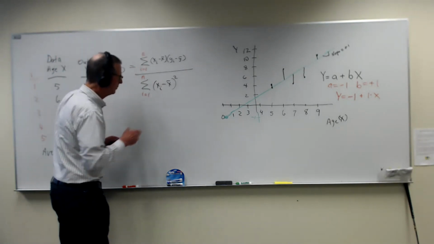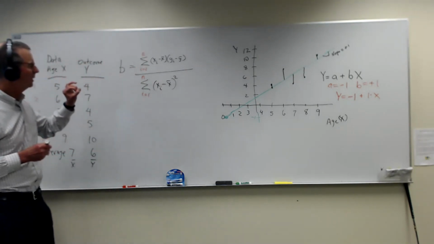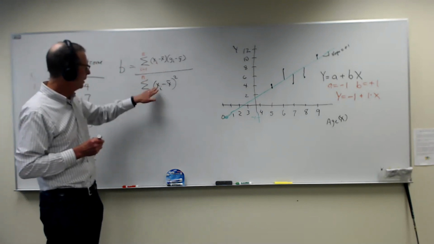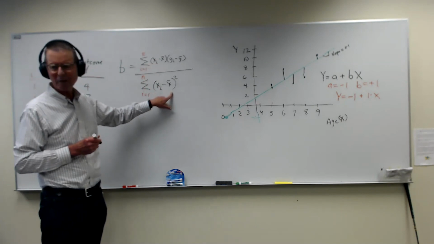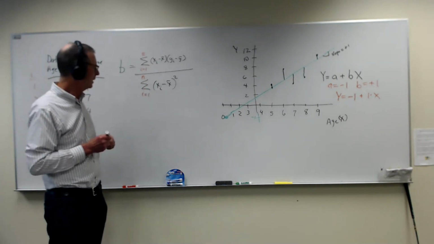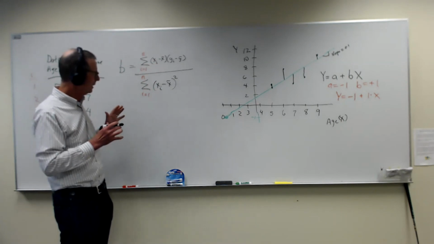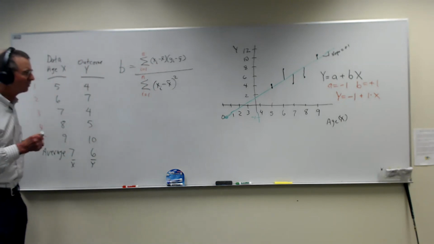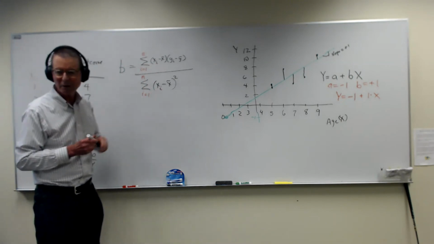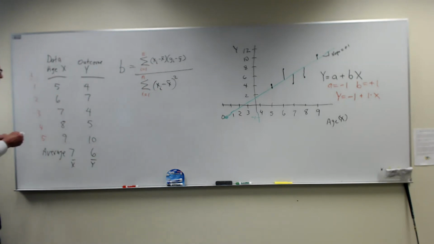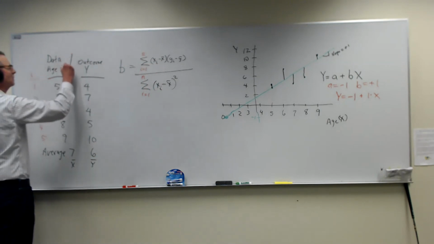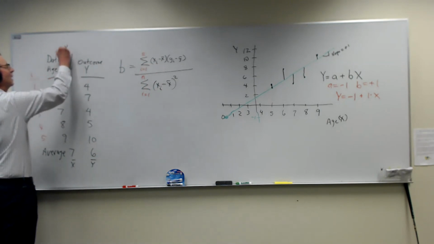First of all, to make things a little bit easier, all these x's are subtracted from mean x, so let's convert the x's so that they're all expressed as deviation from the mean value of x.